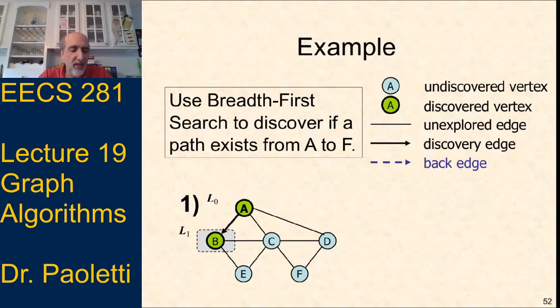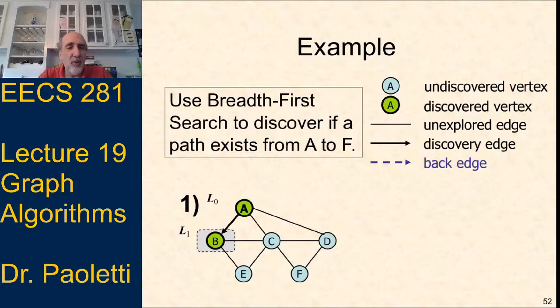And here's a slightly different graph with a slightly different example. So we're using breadth first search and we want to discover if a path exists from A to F. What we've got here is L0 and L1, basically marking how far we are from the beginning, how many edges we have checked in our path.